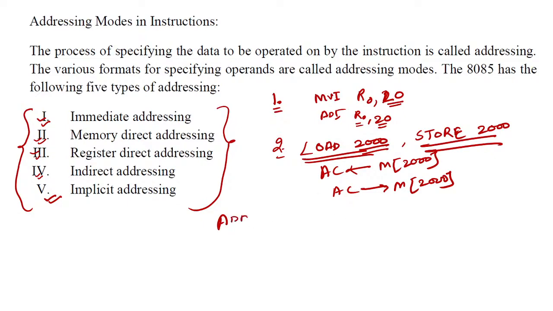When you are saying add 0506, definitely it is not an immediate addressing mode, because you do not have I and you do not have any hash in front of values. It is not an indirect addressing mode because we do not have an @ sign in front of addresses. So it is an absolute addressing mode. Absolute means direct addressing mode. Absolute addressing mode or direct addressing mode, these are the same thing.